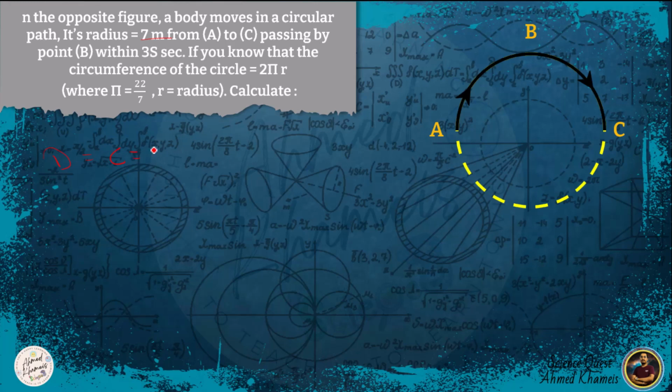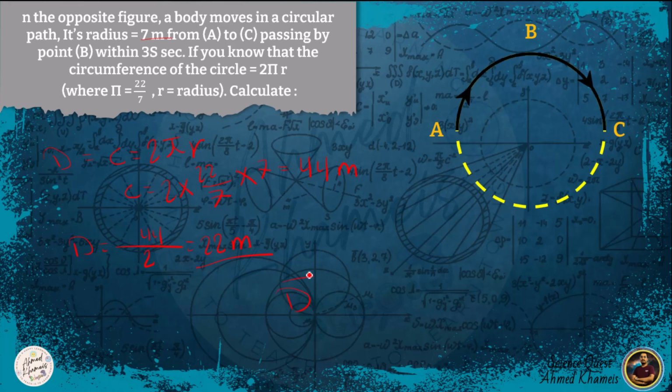The circumference equals 2 pi r, so equal to 22 over 7 multiplied by the radius, which is 7, equal 44 meters. So half the circumference, the distance, will equal 44 over 2 equal 22 meters.